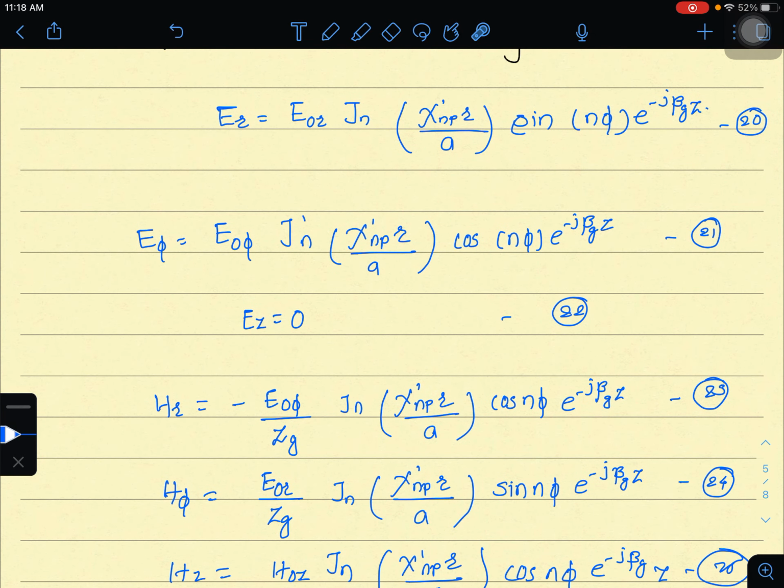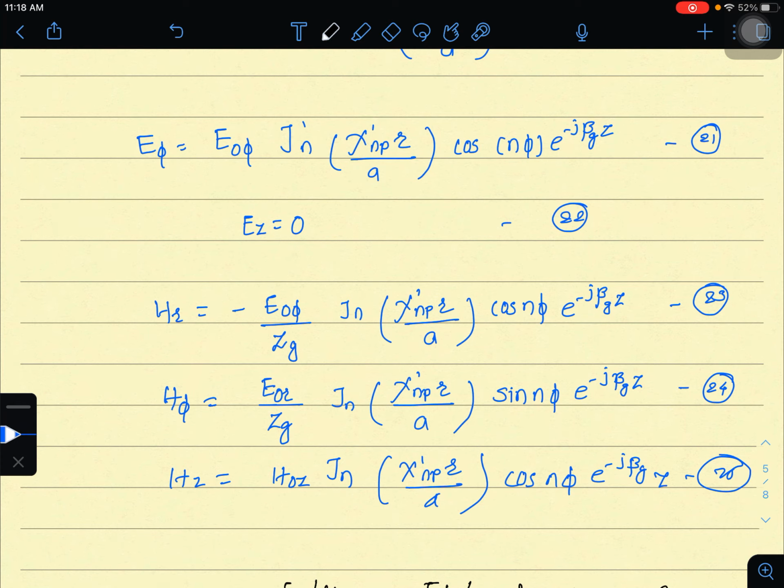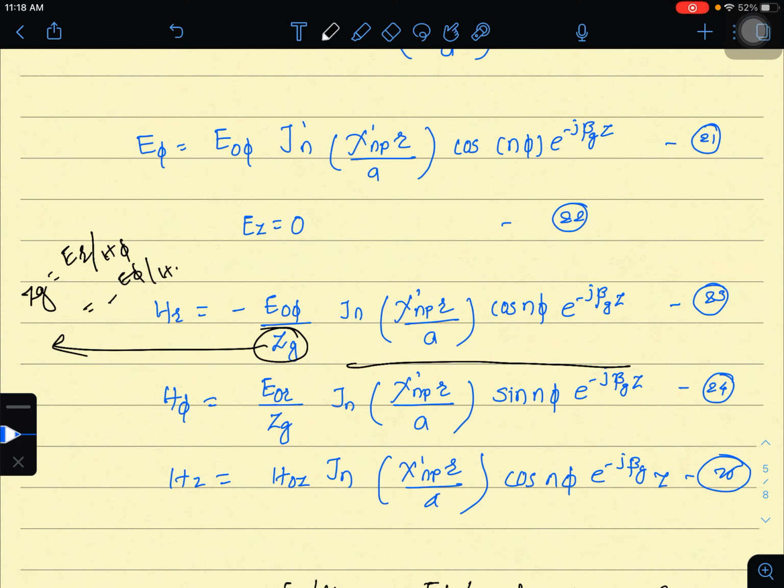Now the HR term, that is HR is equal to minus, sorry, ER is equal to minus E0 phi divided by ZG. And this term, firstly I want to explain what is the ZG here. What is the ZG, not GZ? ZG is equal to ER divided by H phi, or it is minus E phi divided by HR.